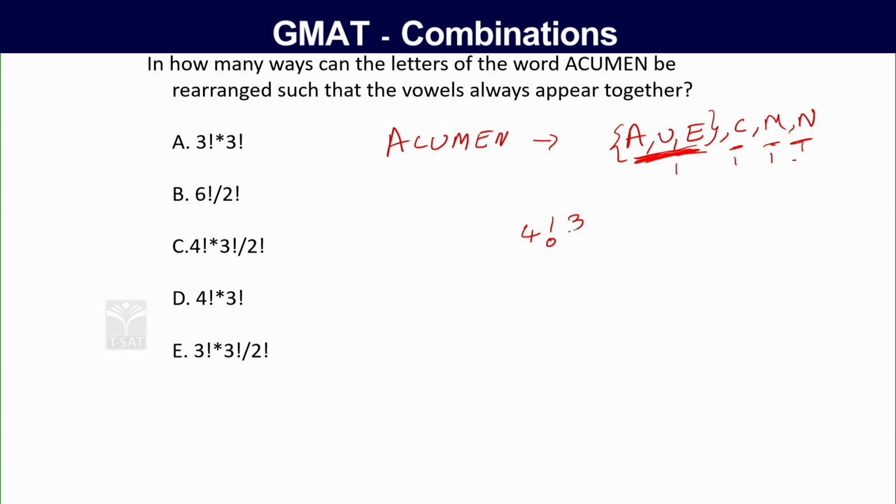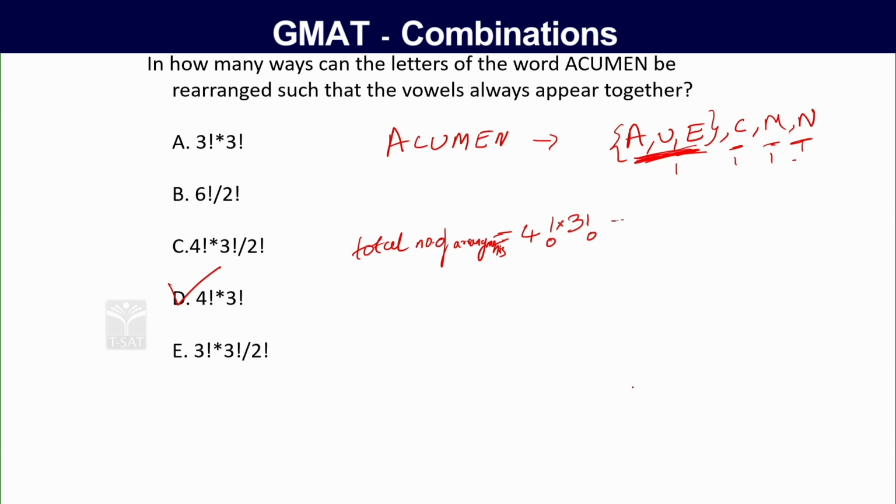They within themselves can be arranged in 3 factorial ways. And you can do them both. So, that is why the total number of arrangements is equal to 4 factorial into 3 factorial. It is option D, 4 factorial into 3 factorial.